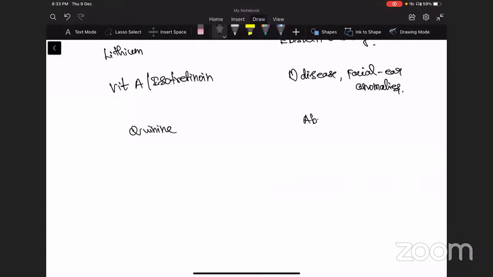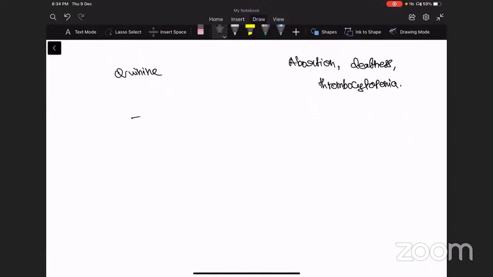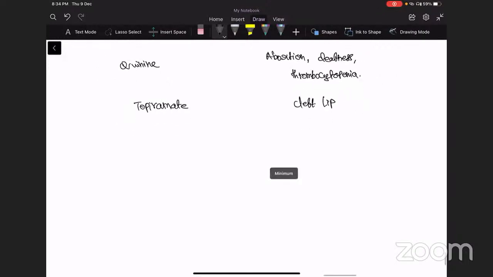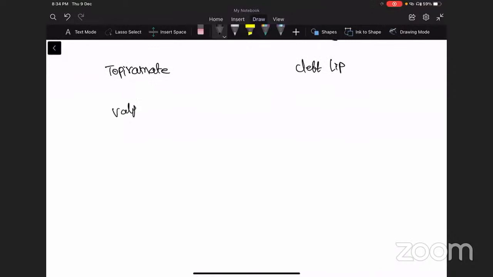Quinine can cause abortion, deafness, thrombocytopenia. Topiramate, an anti-epileptic drug, can cause cleft lip. Sodium valproate.